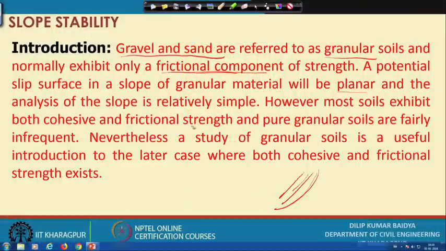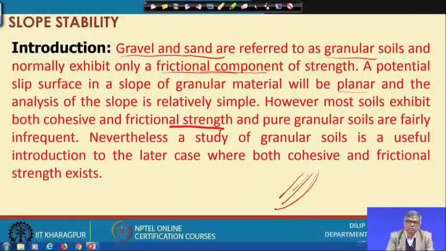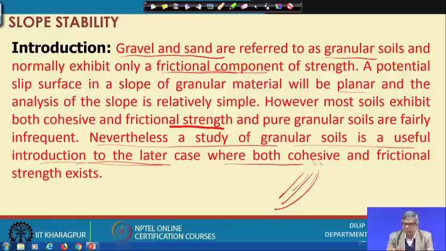So we need to analyze both types of soil: slope with granular soil, slope with c-phi soil. But at the beginning, let us start with granular soil as an introduction, and later on we will bring in cohesive soil. So which is simple, that is with phi.